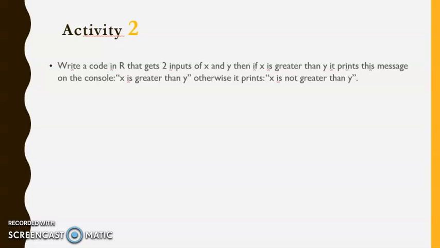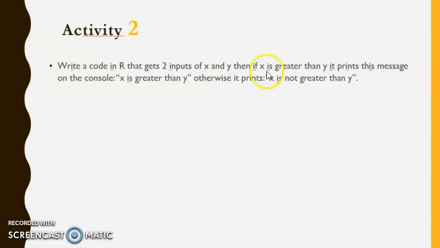As an activity, please do this on your RStudio IDE before you check the answer in the video. It asks you to write a code in R that gets two inputs of x and y, of course, the same way you did it with activity 1.